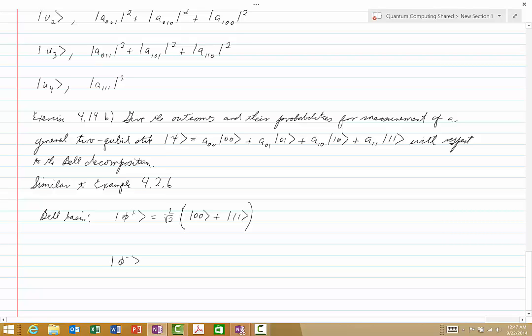Phi minus, which is 1 over square root of 2, 0, 0, minus 1, 1.